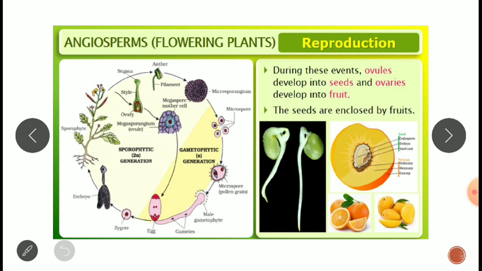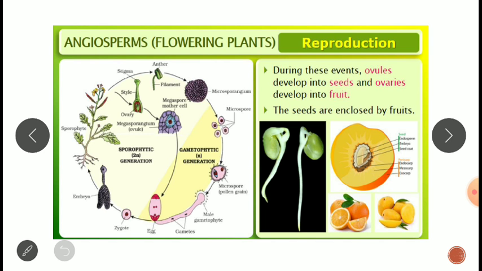and angiosperms. Angiosperms is as such deleted from your syllabus due to COVID-19, but angiosperms is a very, very important group of plants, and you have to study it in detail not only in the next lesson, that is morphology of the flowering plants, plus the reproduction in angiosperms is there in detail when you go to your second year.